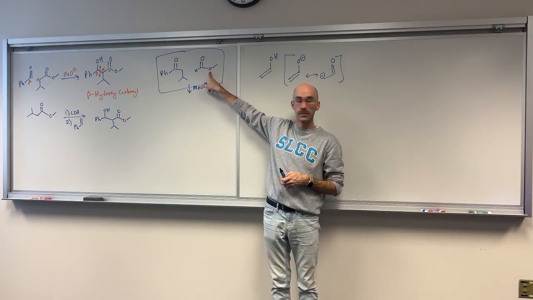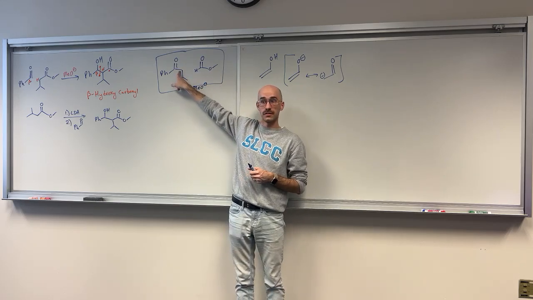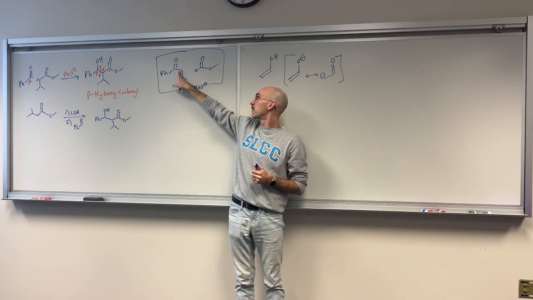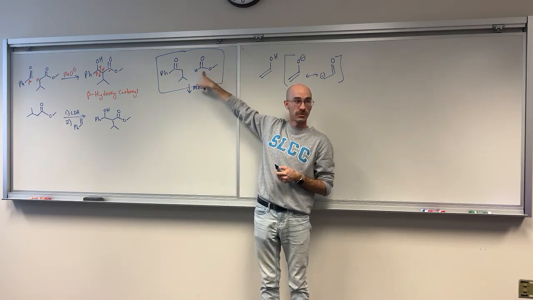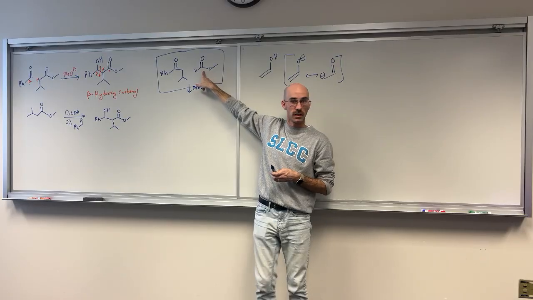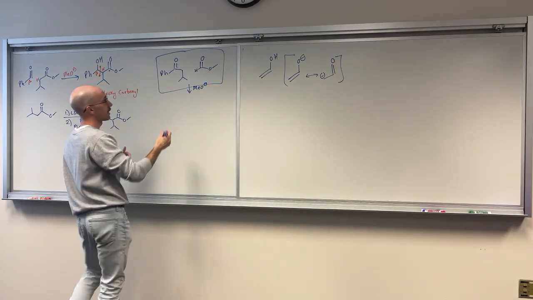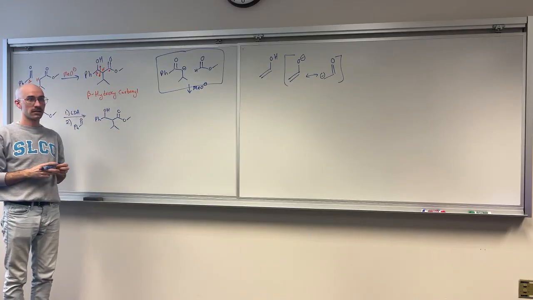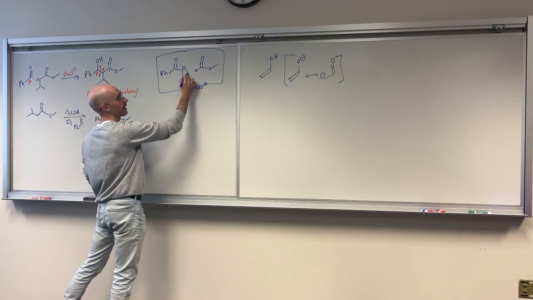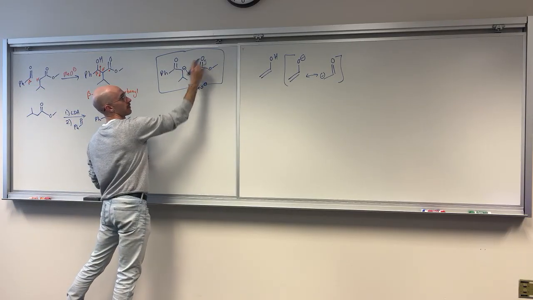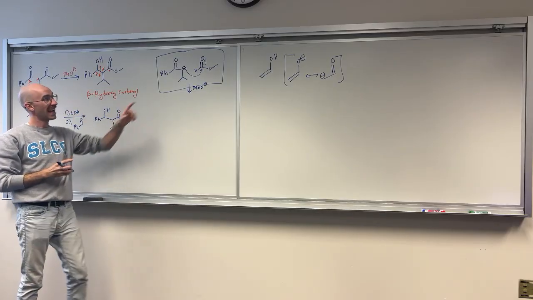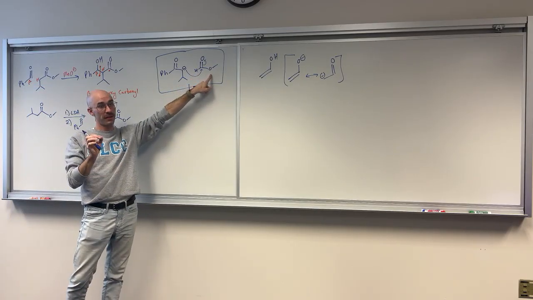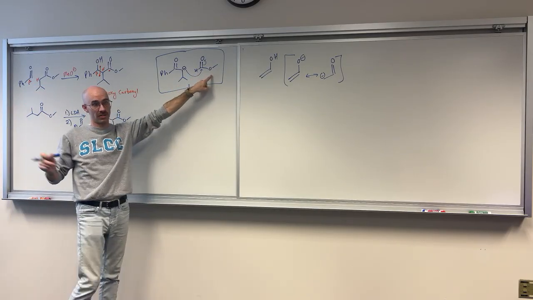There is an alpha hydrogen here. There are no alpha hydrogens here. Okay, so let me draw the enolate that forms. This alpha hydrogen gets deprotonated, and now it attacks the ester, but the ester has a good leaving group. Think Claisen condensation.